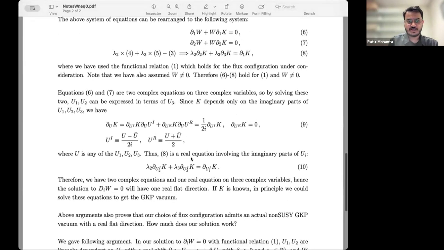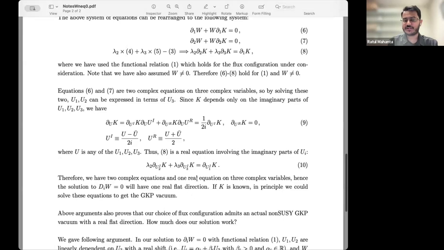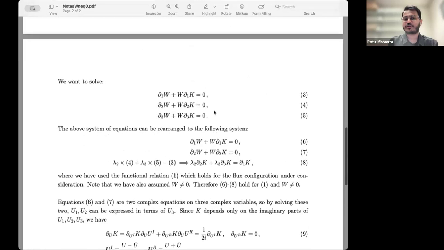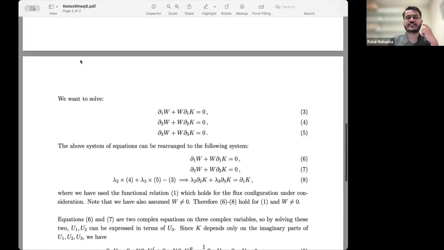For example, in this case, probably the real part remains flat, and this does not require the non-perturbative correction. So this has been discussed in our old paper, in 2022. Okay. Thanks.